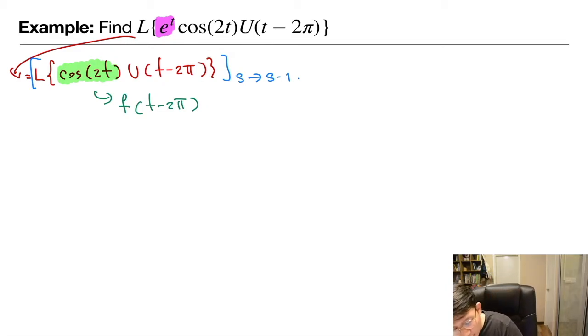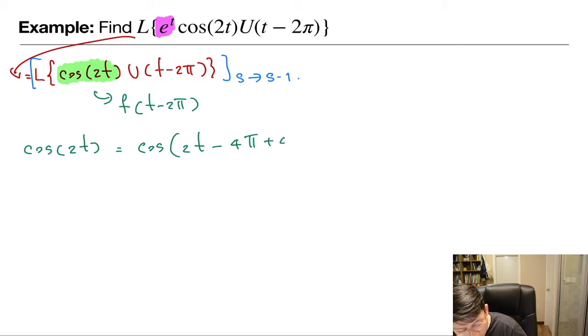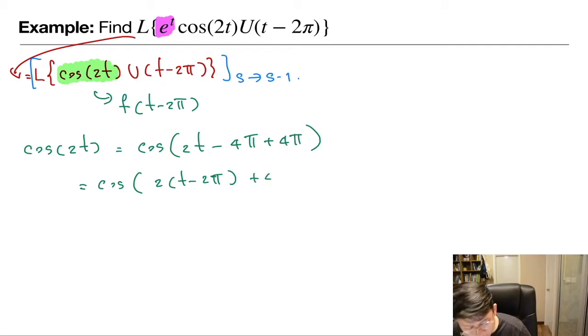Okay, so let's observe cos 2t. Cos 2t is the same as, if I minus 4 pi and then I plus 4 pi, it's okay, isn't it? So it will be cos of 2t minus 4 pi plus 4 pi.